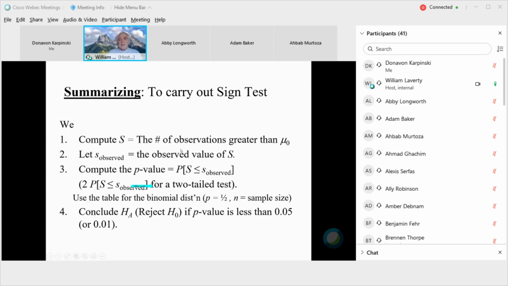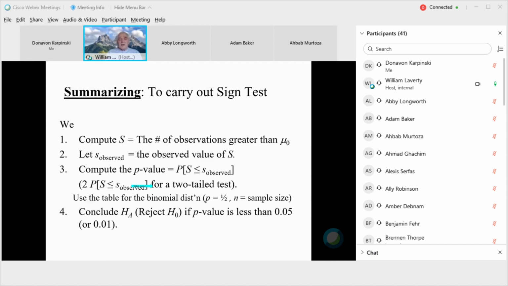If the value of mu naught is not the central value, S could be a large positive value or a large negative value. So we compute the p-value. Suppose we're doing a one-tail test. P-value is the probability of being less than the observed value of S. You double that for a two-tailed test.